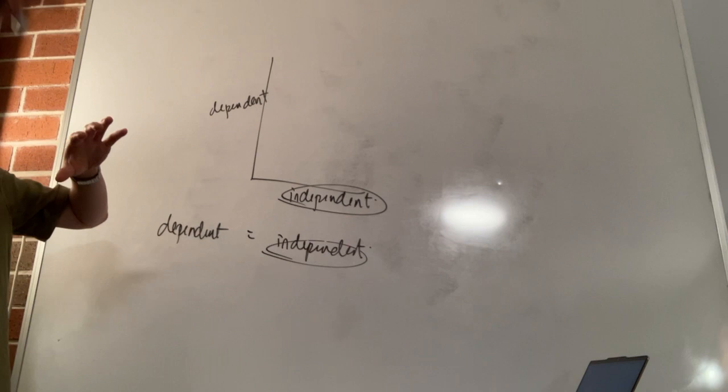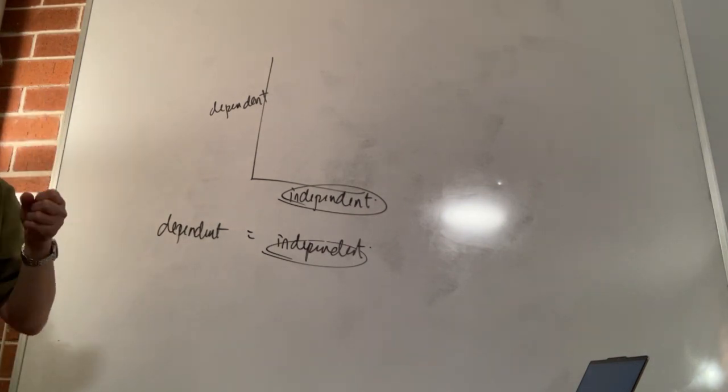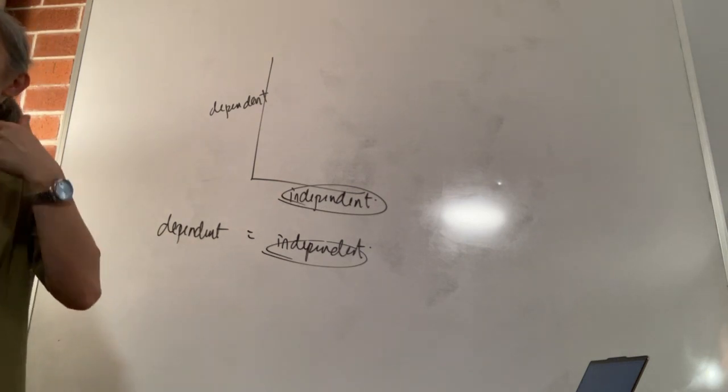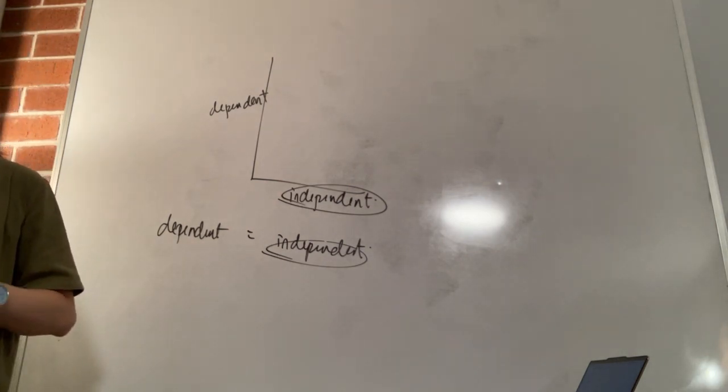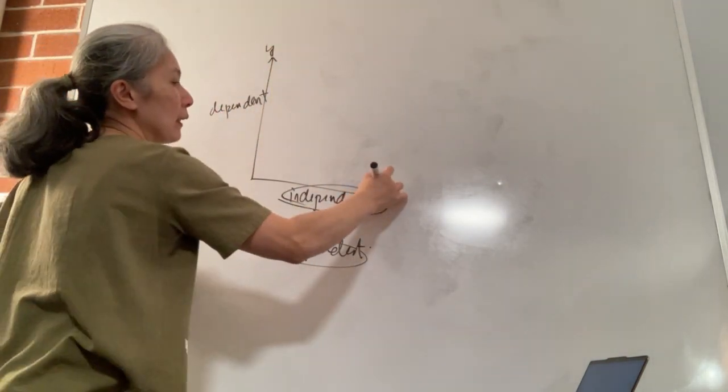Okay, so when you read the wordy questions, there are two words I want you to pick up. One is proportional or directly proportional. The other word is inversely proportional. So if I have this as my y, this is my x.